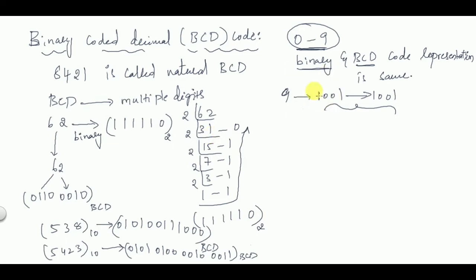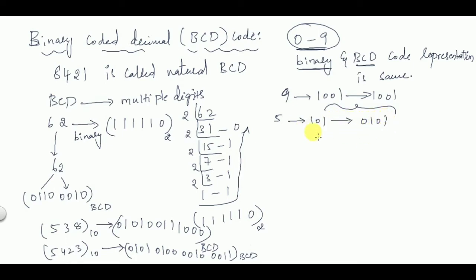Okay, for single digits both will be almost equal. Not exactly equal, but if you represent in 4 bits, it is equal. Suppose if you have 5, 5 can be represented in binary as 101, and 5 in BCD is represented using again 4 bits.